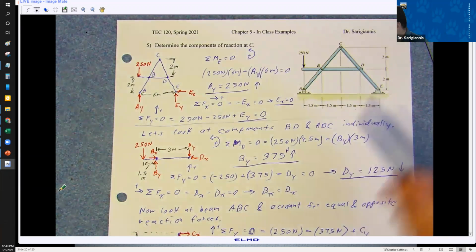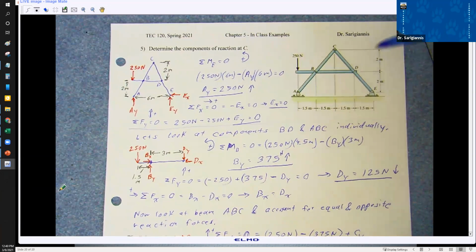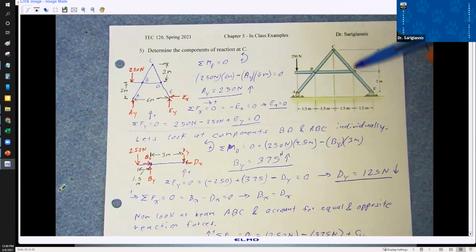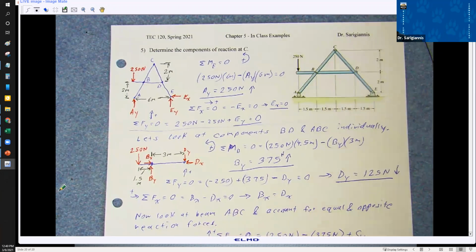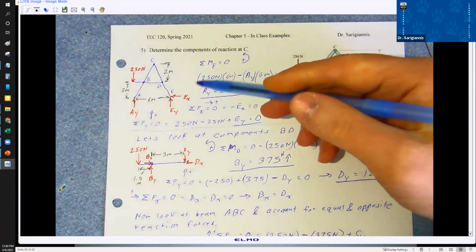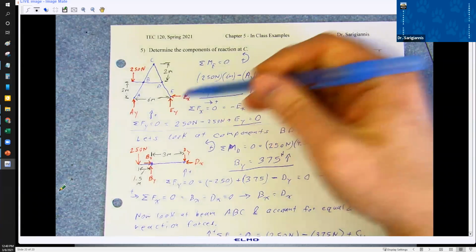Well, you might have decided I'm going to take CDE, and you drew a free body diagram of that, and you're like, well, wait a minute, I don't know. Now I've got, let's see, 1, 2, 3, 4, 5, 6 unknowns, and there's no way I can figure this out. Actually, sorry, you know what EY and EX were. There's 0.